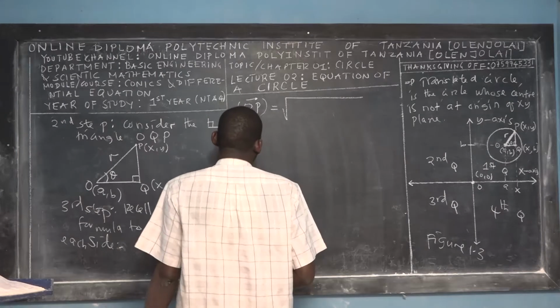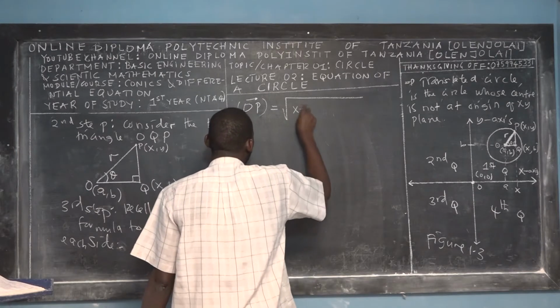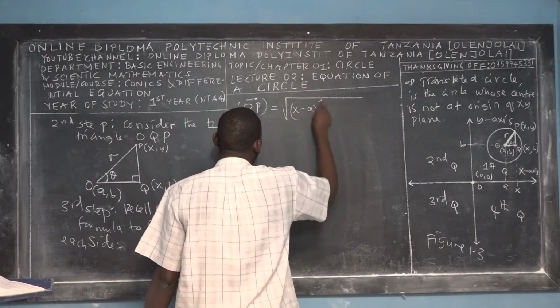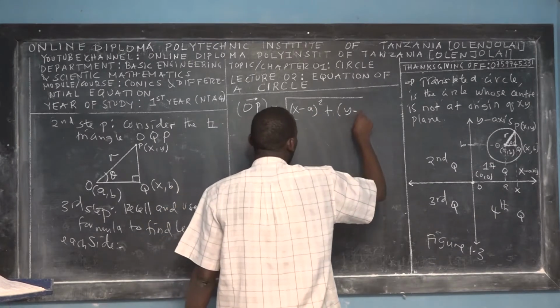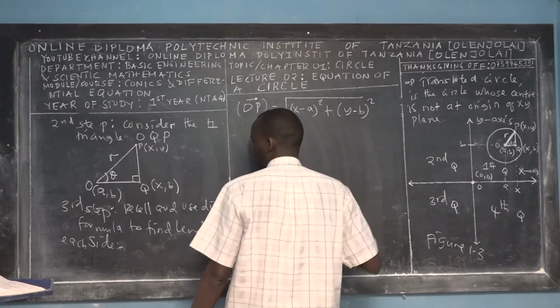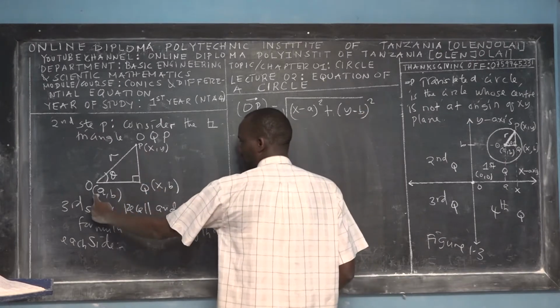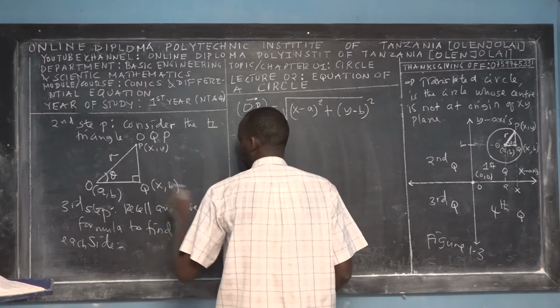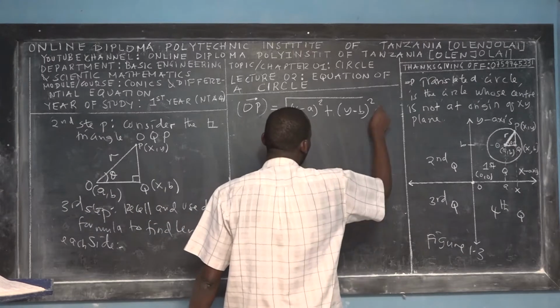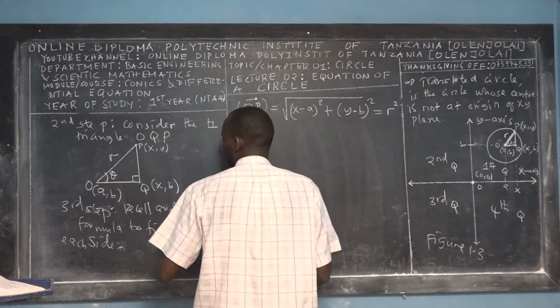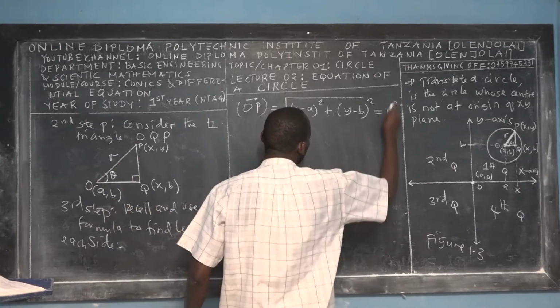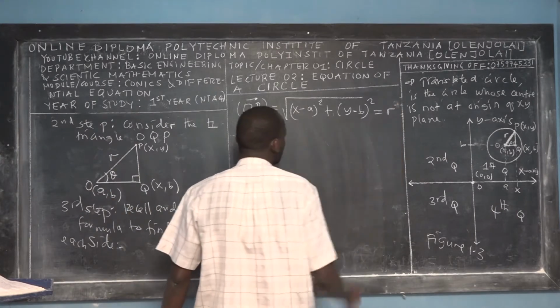So we can say that x minus a squared plus y minus b squared. But also that distance is equal to r, not r squared, it is equal to r.